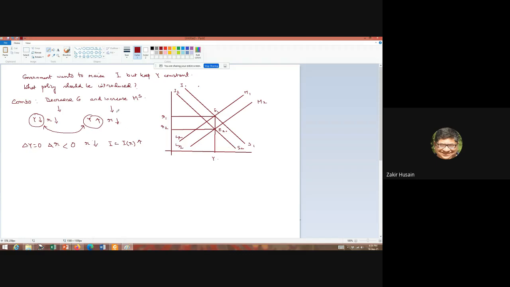So it's a combo. Okay, so the next question is, in the early 1980s, I think Reagan came in at that time. What Reagan did was cuts in taxes and a very tight monetary policy.